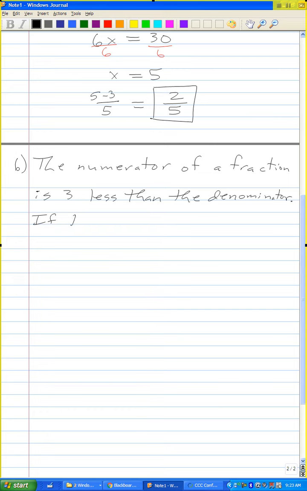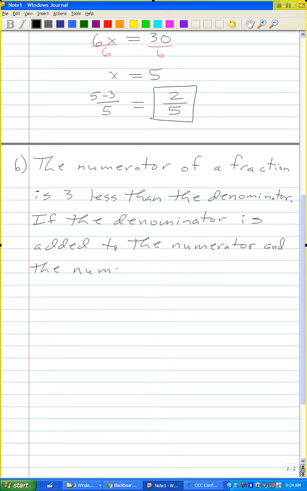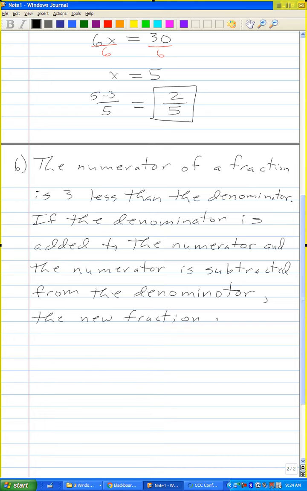If the denominator is added to the numerator, and the numerator is subtracted from the denominator, the new fraction is 11 over 3. Find the fraction.